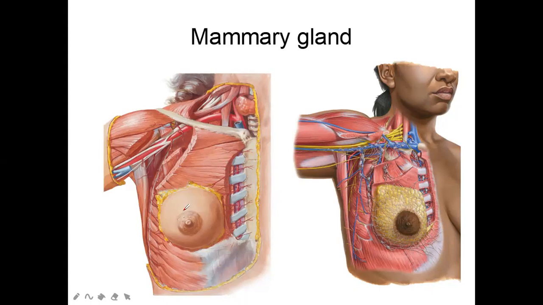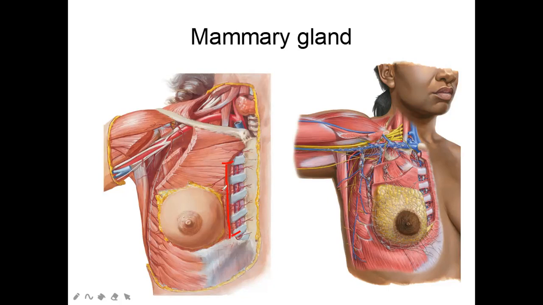So the breast has a base, and then the nipple that is surrounded by a darkened area, the areolar region. The base of the breast stretches from rib number 2 to rib number 6. So remember that.